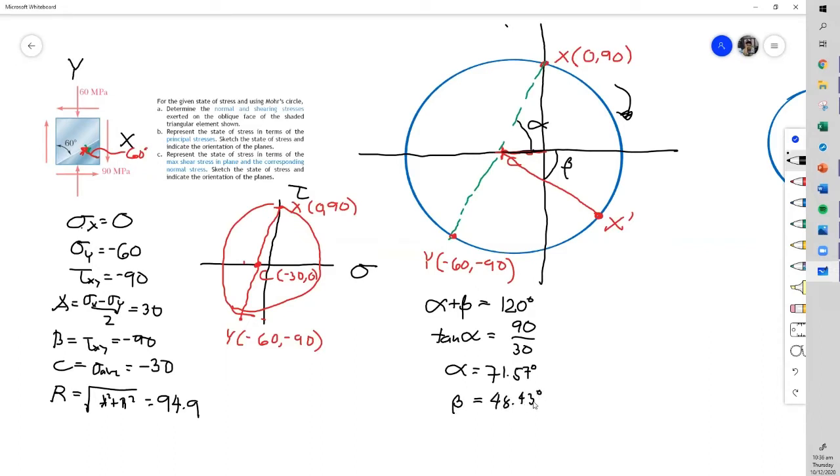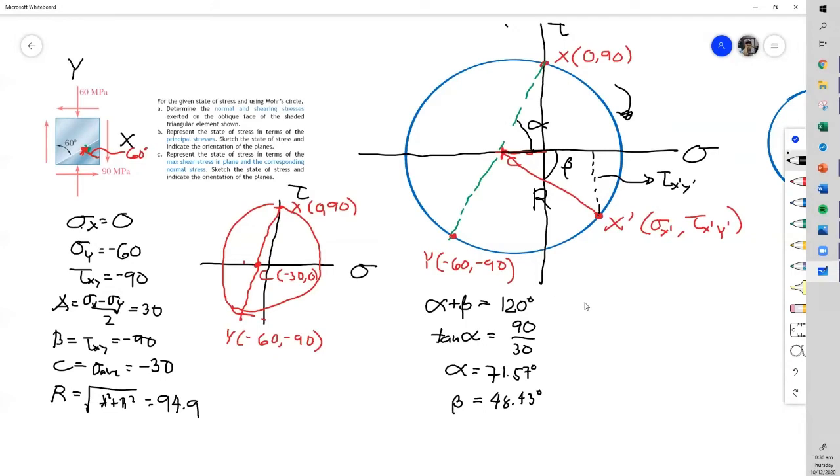Okay? Therefore, beta is equal to 48.43 degrees. Okay? Bakit mahalaga na malaman natin si beta? Kasi pag nalaman natin si beta, masosolve na natin itong height na to. How? This distance from the center to any point on the circle is equal to the radius r. Okay? Now, the coordinates of x prime are sigma x prime and tau x prime y prime. So, remember that this height right here already corresponds to your tau x prime y prime. Kasi yun yung height from the sigma axis. This is tau. Okay?